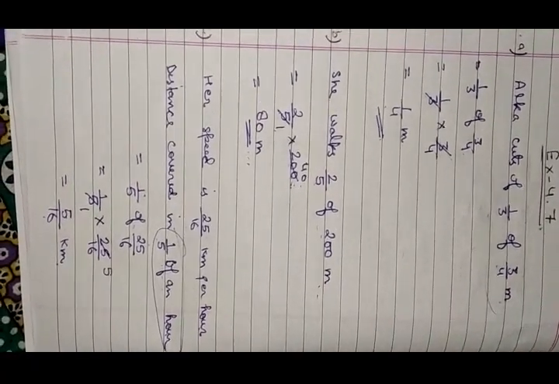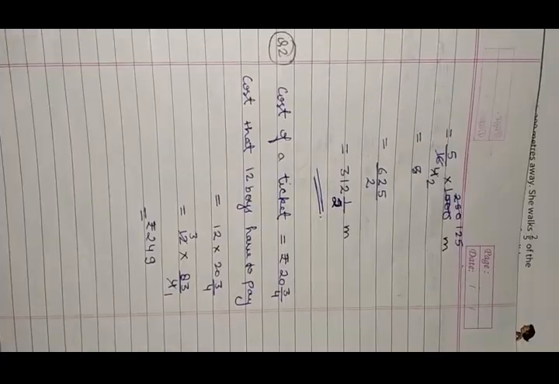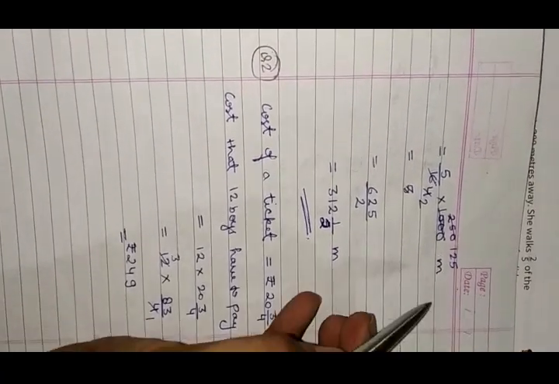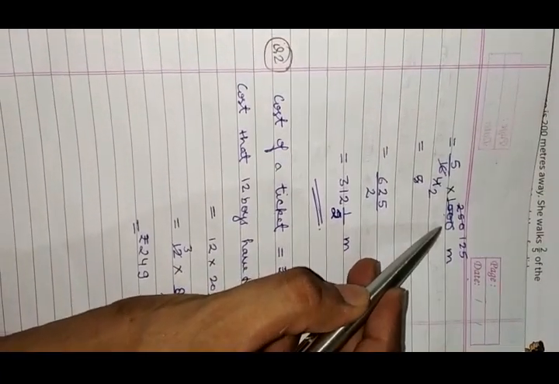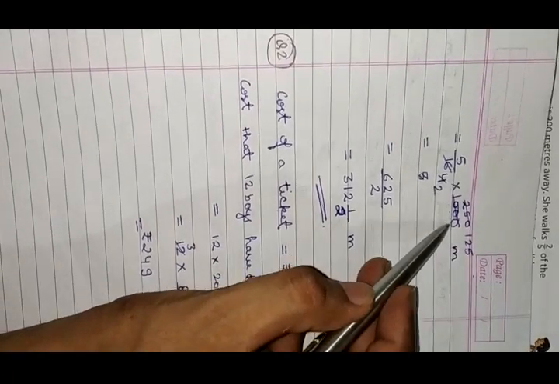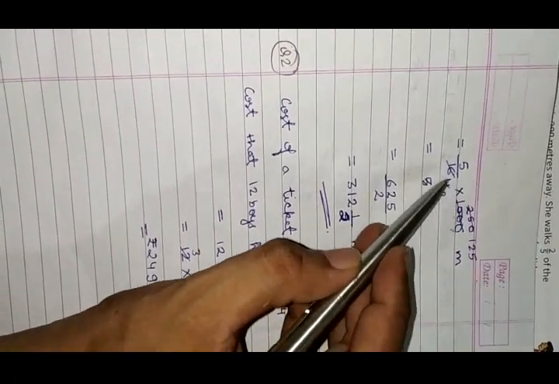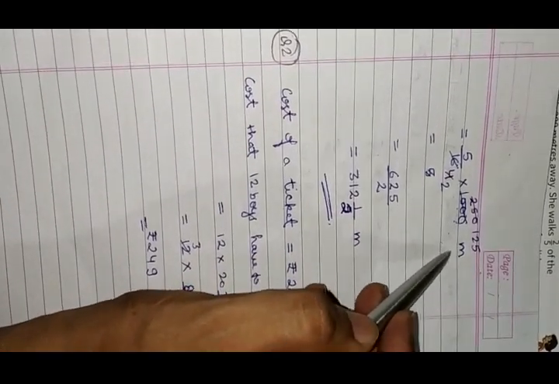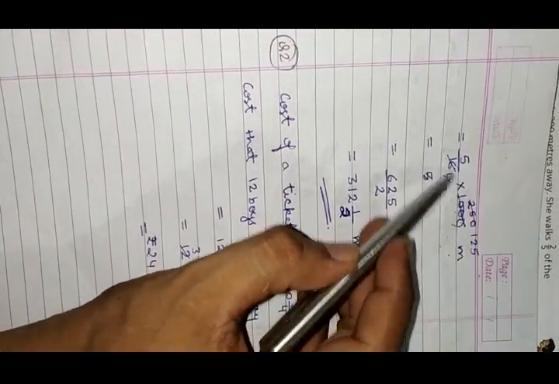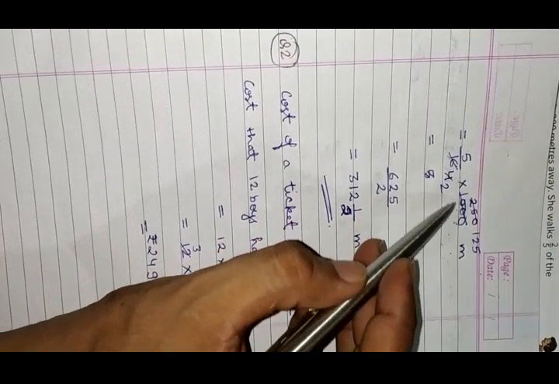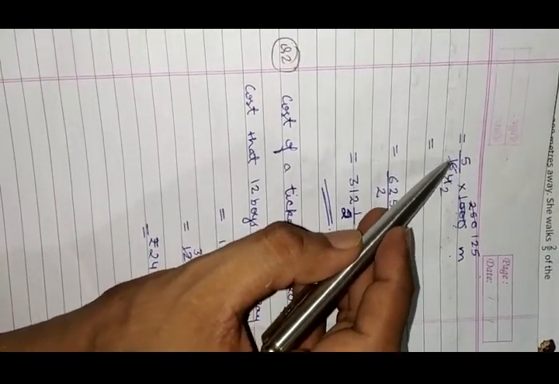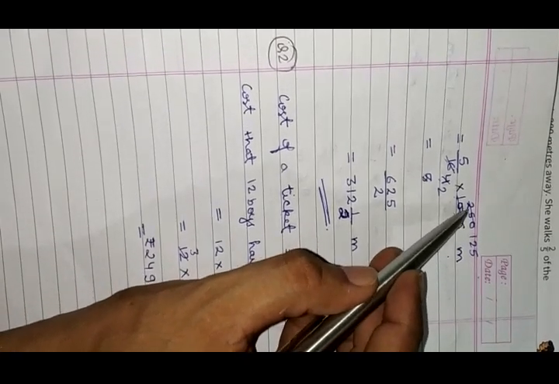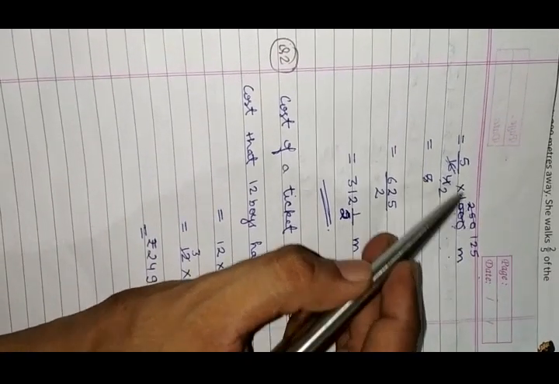But we have to find the distance covered in meters. What we have to do? We have to multiply by 1000, because 1 kilometer is equal to 1000 meters. If we multiply this distance 5/16 by 1000, it will convert to meters. Now cancel out the common factors. First I'll start with 4. 4 fours are 16. 1000 divided by 4 is 250.